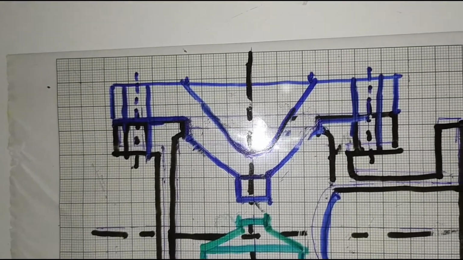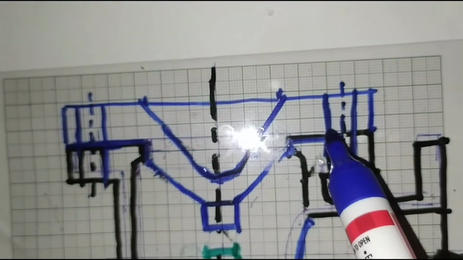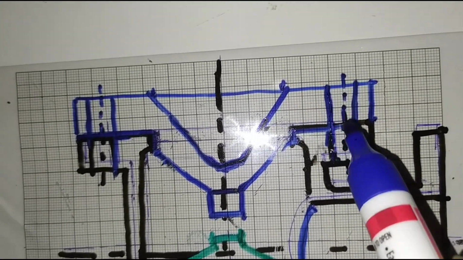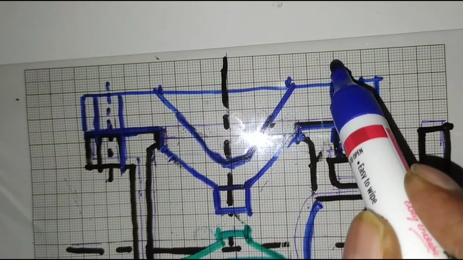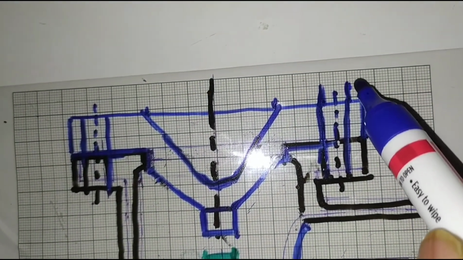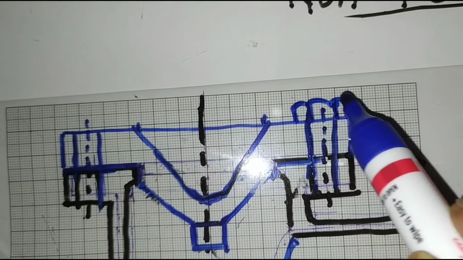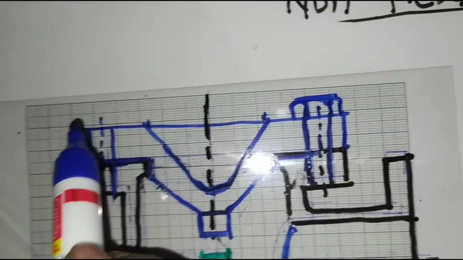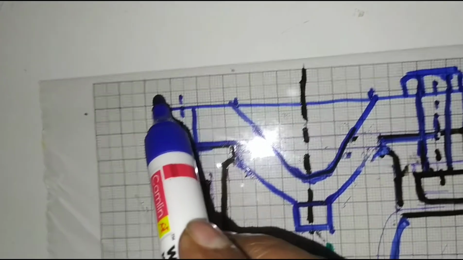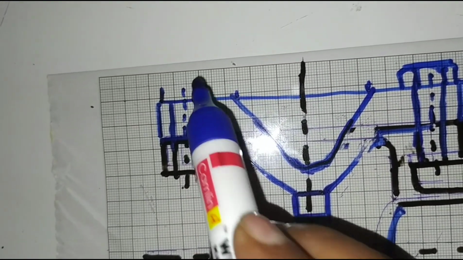And just we have to add here a 15 mm head, hexagonal. Stud is fitted here. This is threaded portion 25. And if you extend, what is the height? 15 mm they have given. Just complete it here. Extend this part.